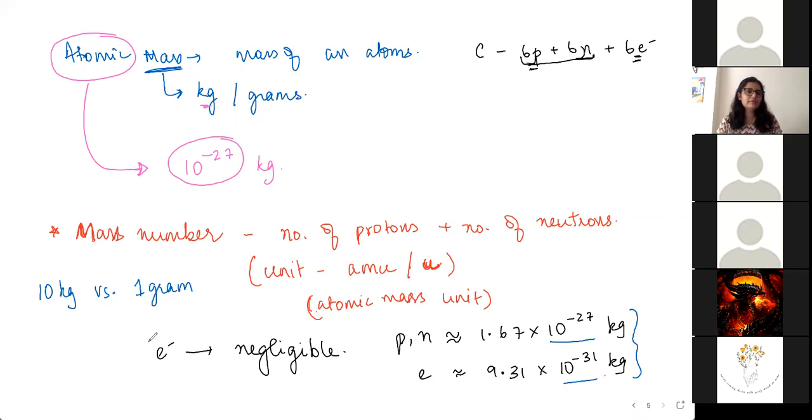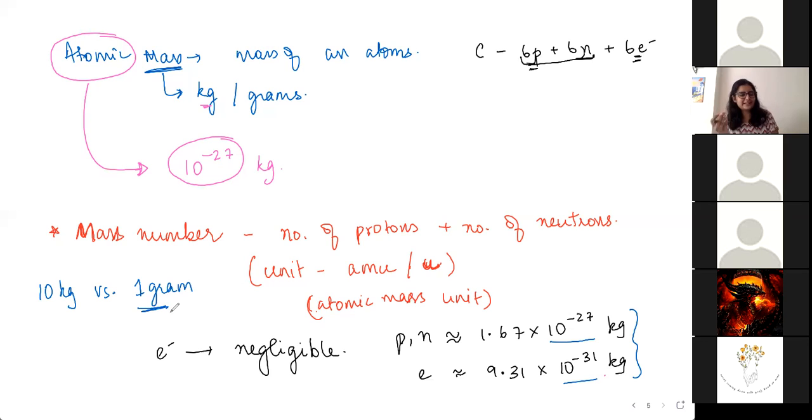Have you all seen a 5 kg bag? Do you have an idea how big and heavy it is? Yes, ma'am. In that size, compare it with 1 gram of something. If I add 1 grain of rice to it, or take away 1 grain of rice, will you feel that difference in weight? No, ma'am.